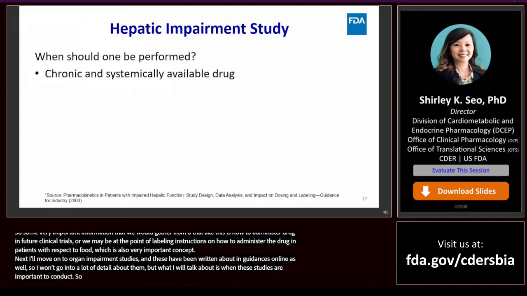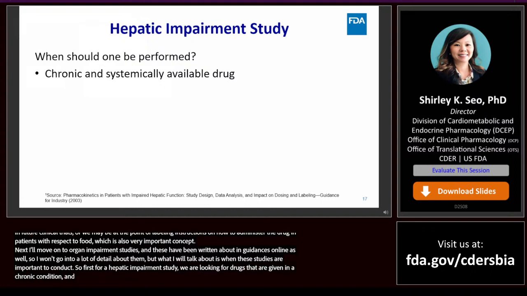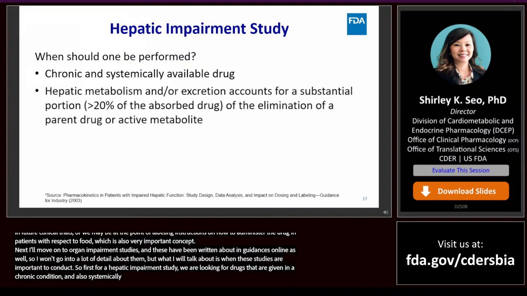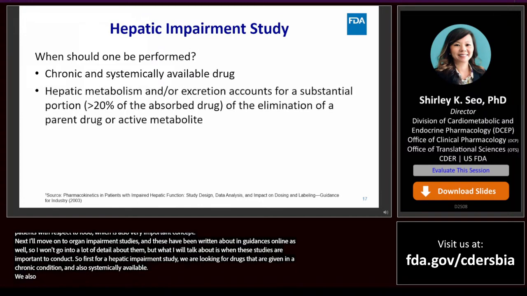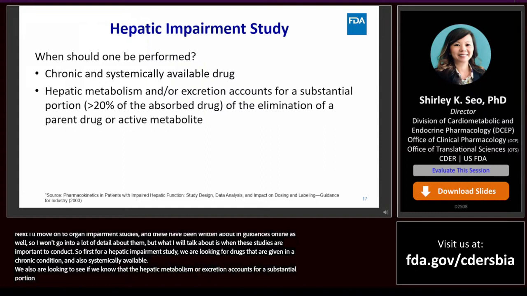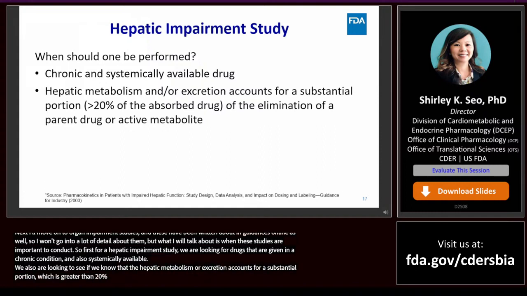So first, for a hepatic impairment study, we're looking for drugs that are given in a chronic condition and also systemically available. We also are looking to see if we know that hepatic metabolism or excretion accounts for a substantial portion, which is greater than 20% of the absorbed drug, of the elimination of the parent or active metabolite.